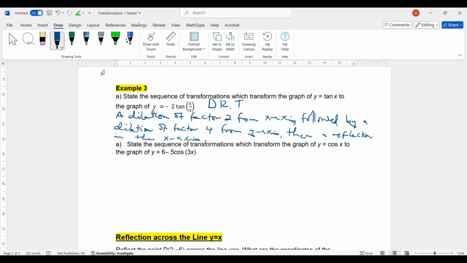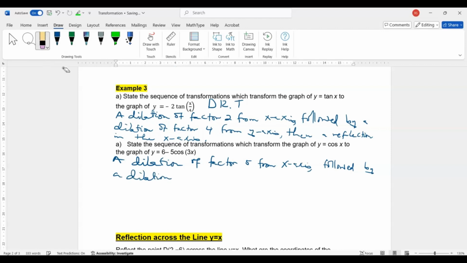We always start with the dilation: a dilation of factor 5 from the x-axis, followed by a dilation of factor a third from the y-axis, or parallel to the x-axis, could be another way of saying it.